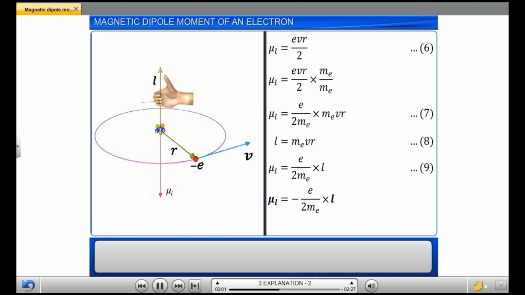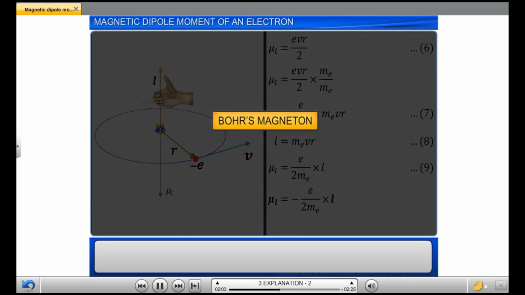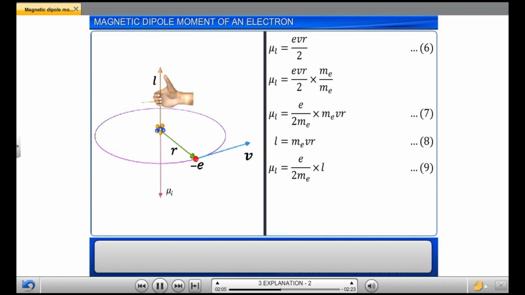Now, let us discuss Bohr's magneton. According to Bohr's atomic model, angular momentum of an electron revolving in an atomic orbit is quantized. That is, the angular momentum L is integral multiples of h by 2π.